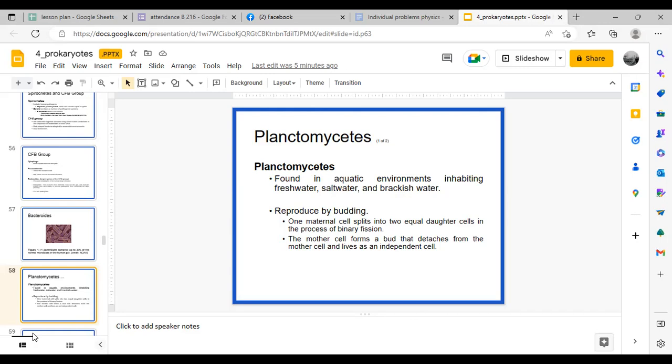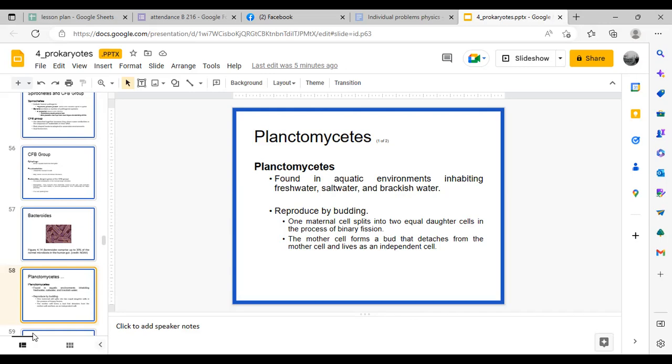Yung usual na nag-split apart, pwedeng mag-form yung isang cell partly, no? Unlike pag binary fission, equal lang yung distribution ng pag-split, no? Pag budding, pwedeng mas konti yung material na nandun. So mother cells form a bud that detaches from the mother cell and lives as an independent cell. So, ayun, to differentiate from binary fission, okay?